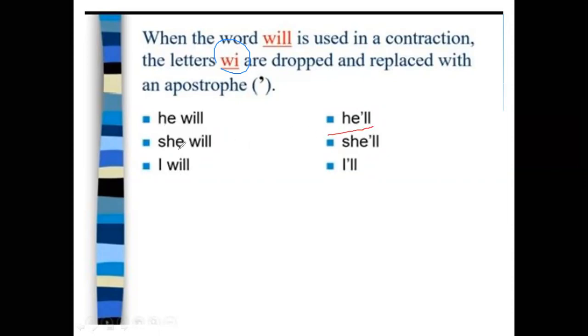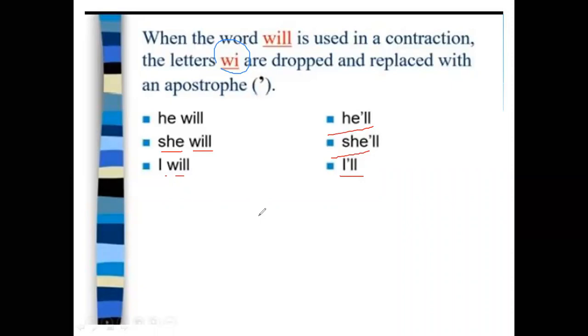He is a pronoun and will is a verb. I will, I'll. So look here, with the apostrophe it is a short word. So this is the first case of the contraction, the pronoun plus the verb.